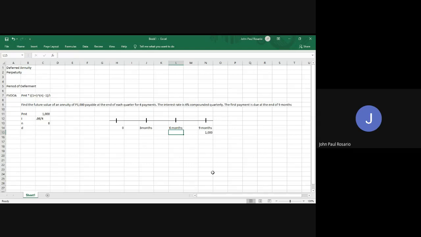So your period of deferment is actually 2 quarters. D is equal to the date of payment. So for example, this is the 3rd quarter minus 1 quarter, because this is ordinary annuity. So meaning your period of deferment is equal to 2 quarters.